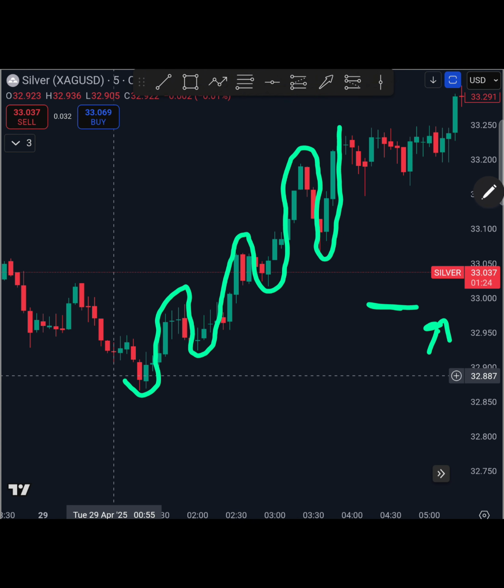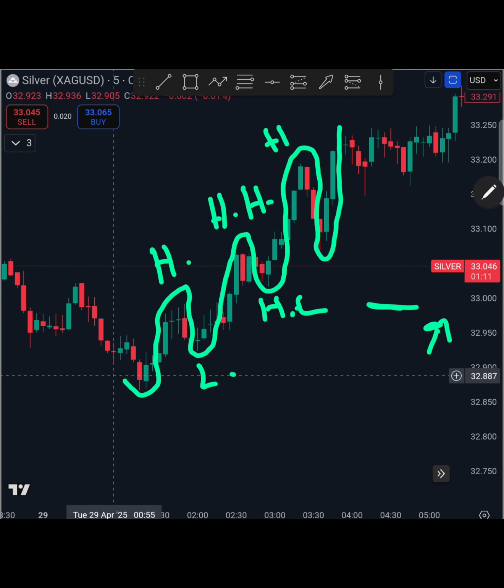so this being the first high, the first low, we have a higher high right here, higher low right here, higher high, and a higher low.